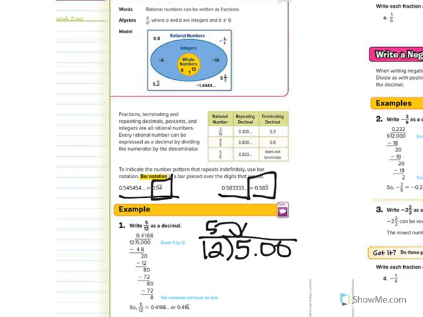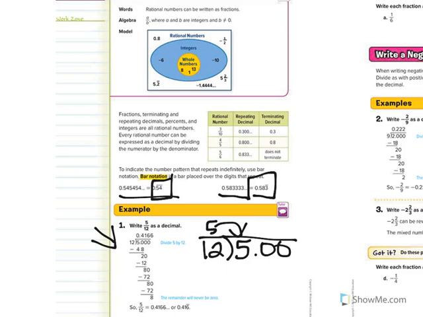Then you can do this, which is what they've done here in this example. They've gone through and done this division. So 12 goes into 5 0 times. 12 goes into 50 4 times, which gives you 48. You subtract, you get 2. Bring down your next 0. 12 goes into 20 1 time. 1 times 12 is 12. You subtract, you get 8. Bring down the next 0. You'll have to annex another 0 and bring it down.